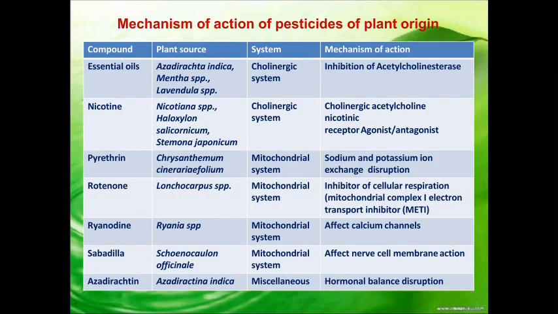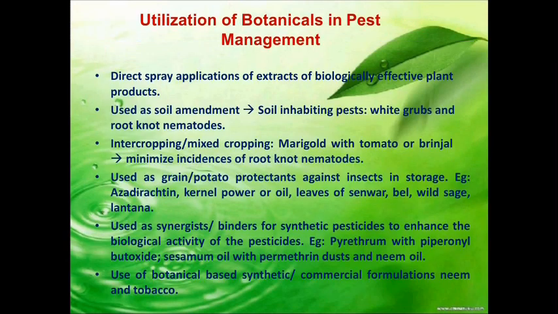Okay. Then these are some of the mechanisms of action of the pesticides of plant origin, and how these plant-origin insecticides attack the insects or target sites. This is the utilization of botanicals in pest management. How we can utilize: we can use a direct spray application of extracts of biologically effective plant products, use as oil amendments.